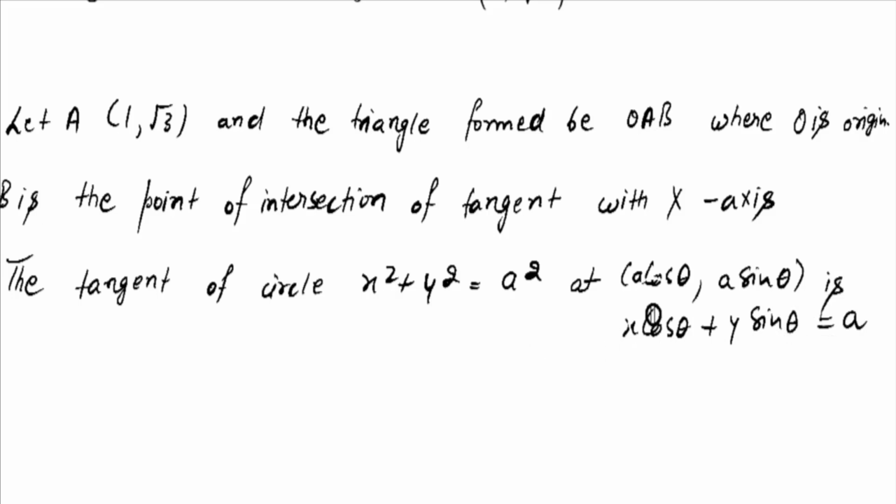So we can write, by using the tangent of the circle at (a cos theta, a sin theta), x cos theta plus y sin theta equals a.